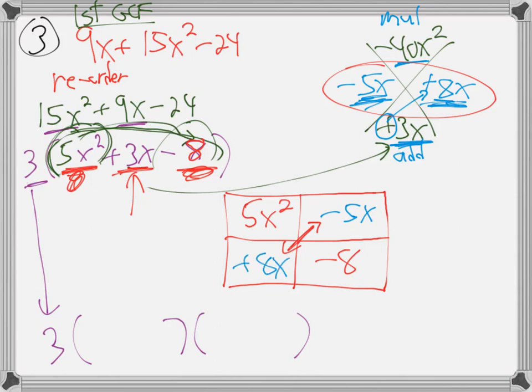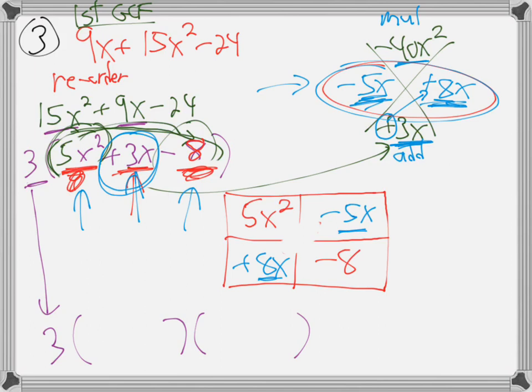It doesn't matter which order. It'll work either way. But it's these two that make, and that is 8x minus 5x is what? What is 8x minus 5x? The middle. You see how that is the plus 3x? Those two together are the plus 3x. So we really did stick this part and that part into those four boxes, didn't we? By following the lead of the diamond. Okay, and now we just make it work.